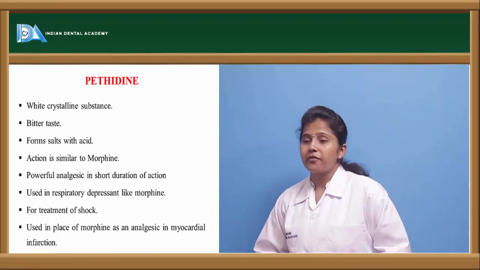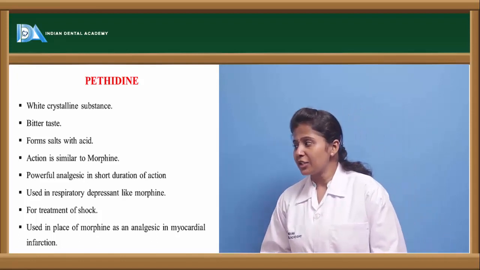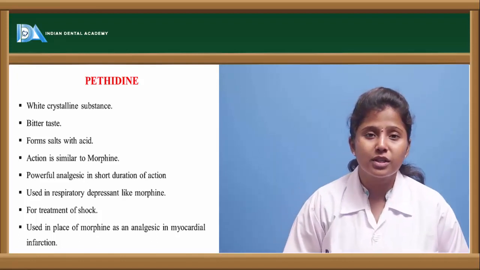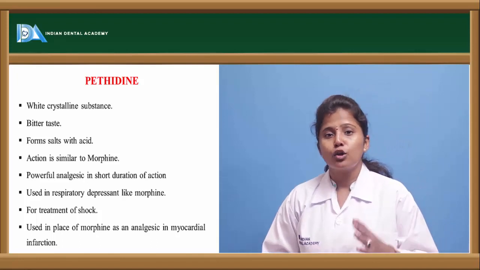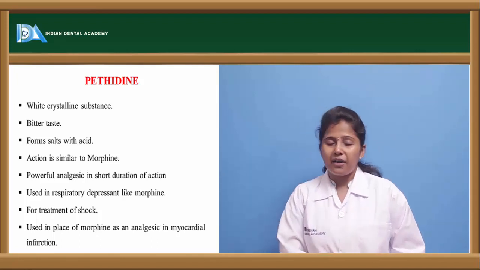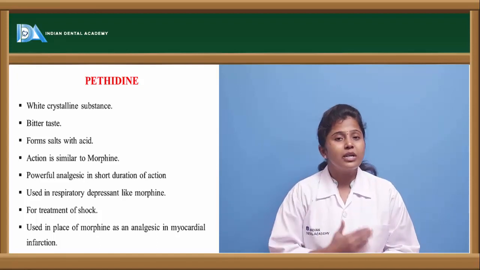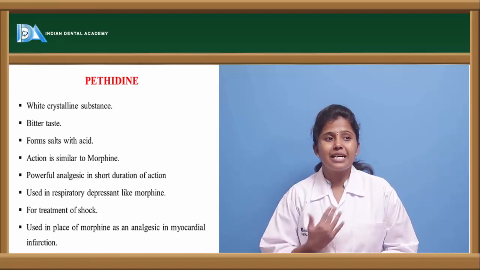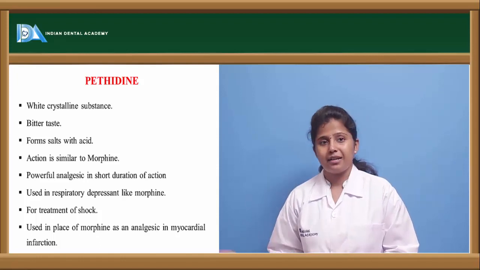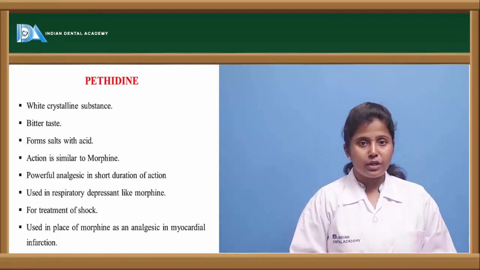So it is not preferably given in acidic media, and its action is similar to morphine. It shows the same analgesic action as morphine. All act on the opioid receptors, and it is a powerful analgesic like morphine. As a morphine substitute, it is a potent analgesic when compared to morphine itself, and it has a very short duration of action.